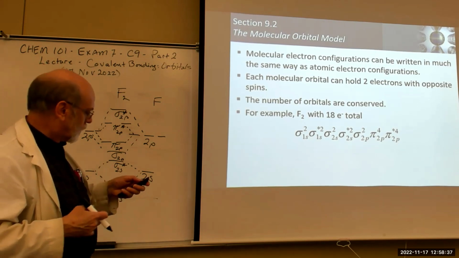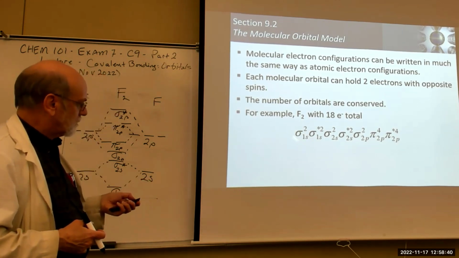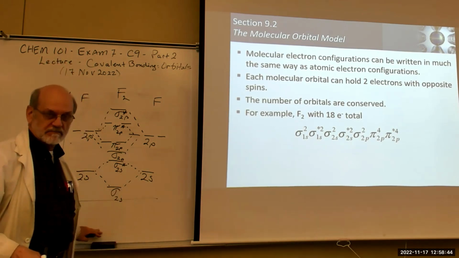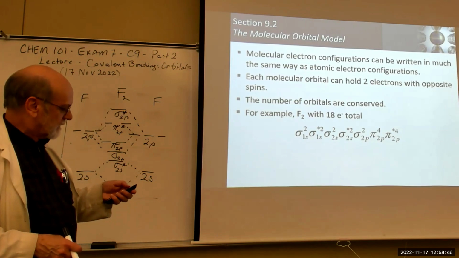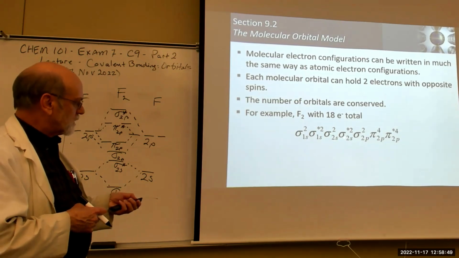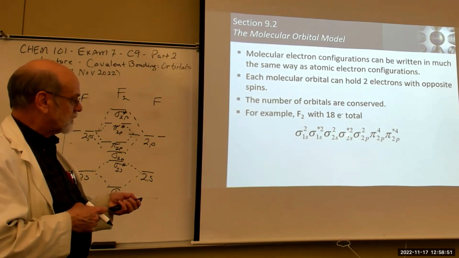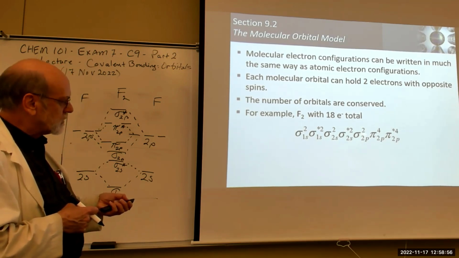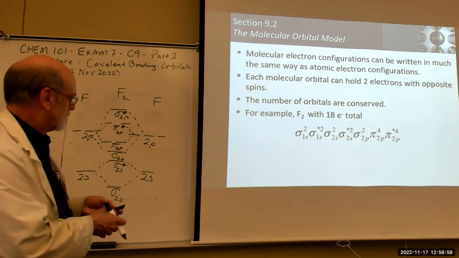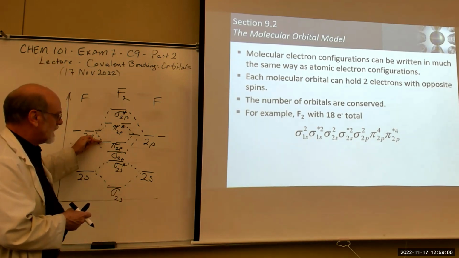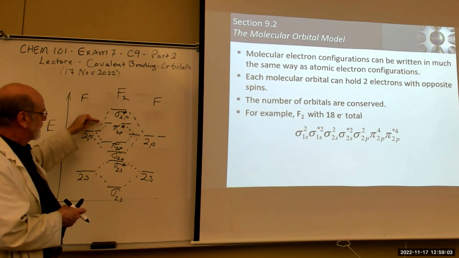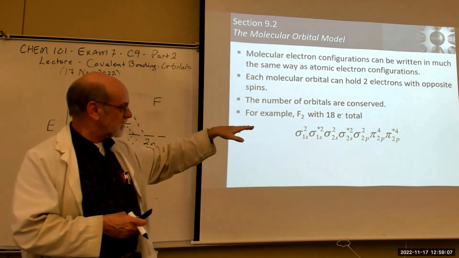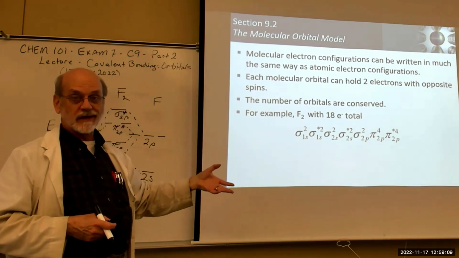Yes. Okay, notice that the 1s is put in here, right? I left the 1s out. It would go down here, just like this one. And then the 2s here with a sigma star will go there. And then you get to the pi 2p here, and then the pi star here. Notice that there's no sigma star from the 2p in that arrangement, because we've used up all the electrons.